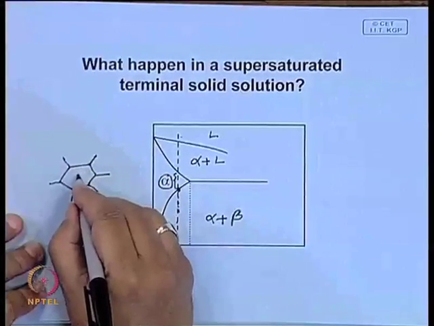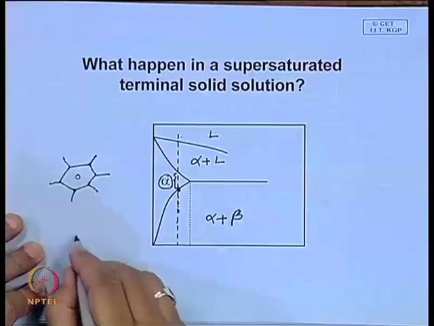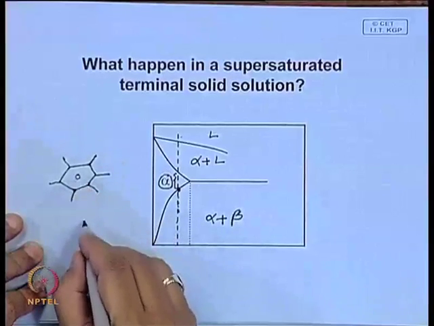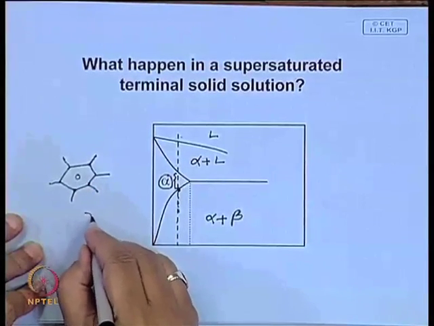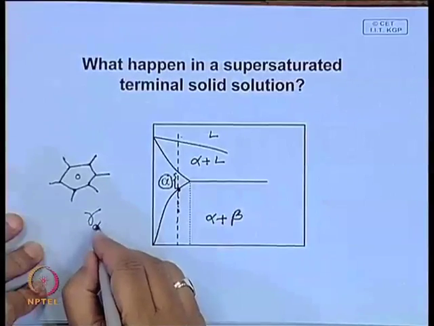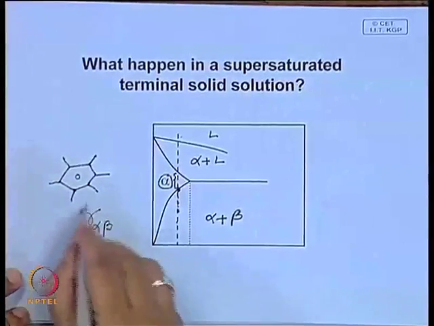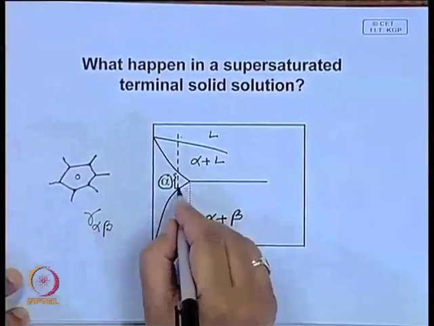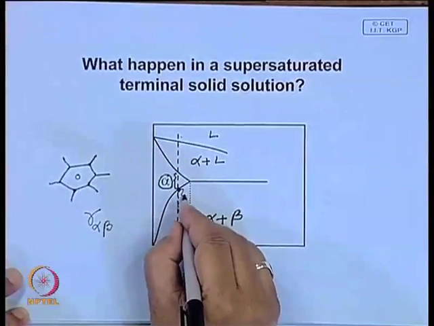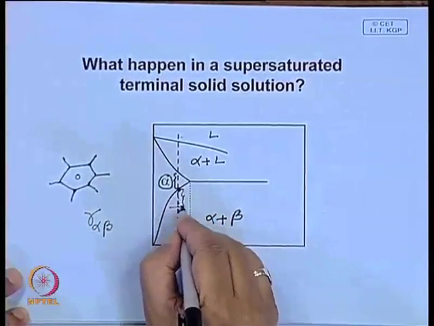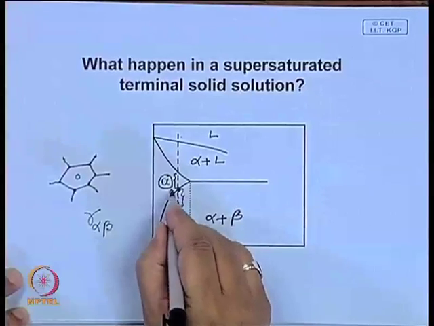If it nucleates somewhere here, you will have a new surface being created and this surface will have an energy associated with it. This energy is this. Whereas, the extent of supercooling, when it comes over here, you can say this is the driving force.